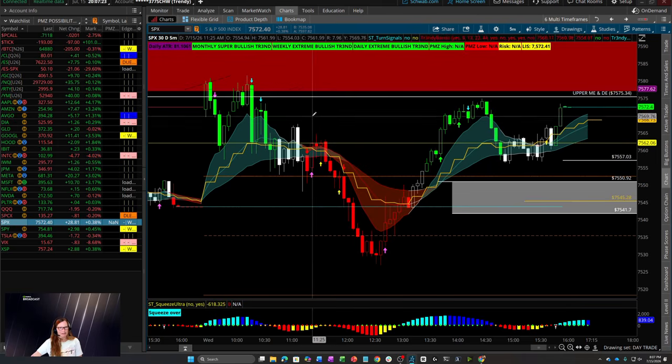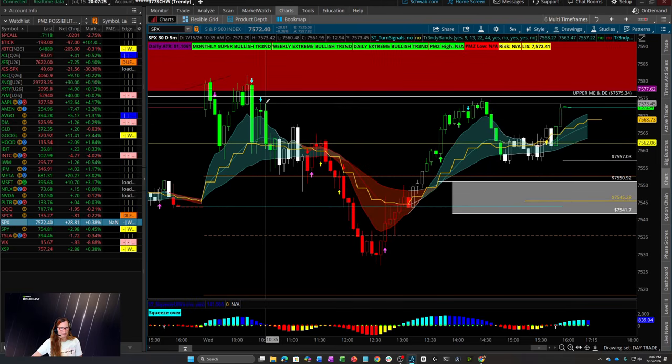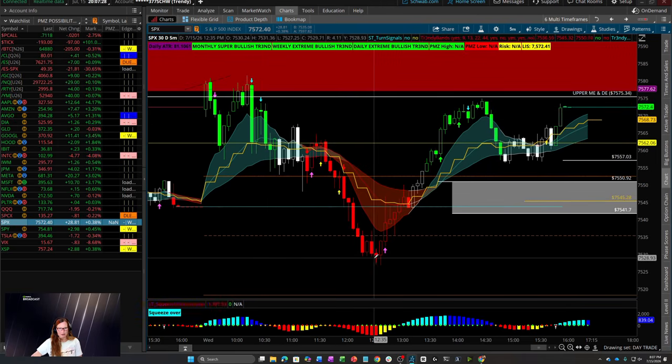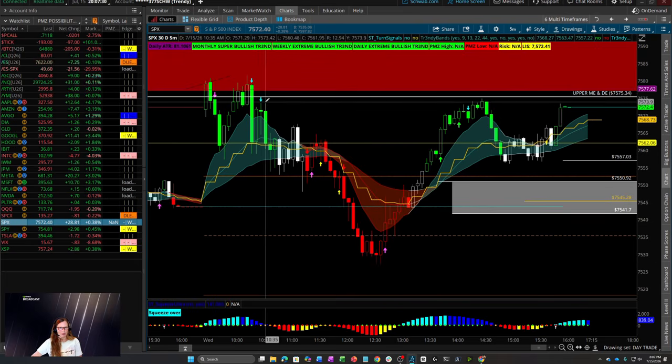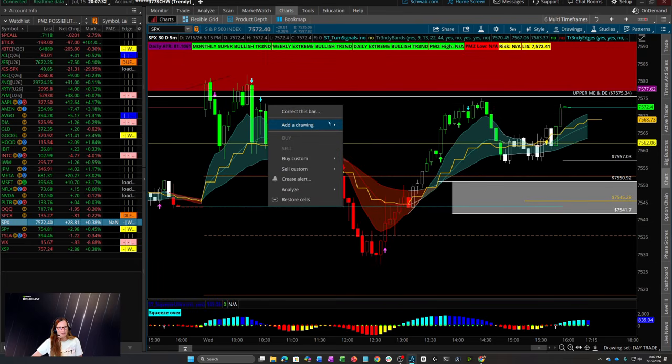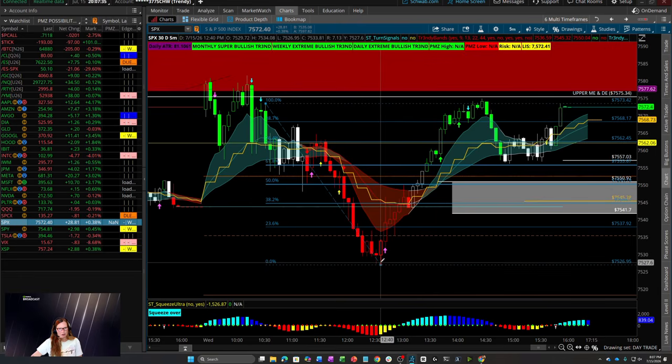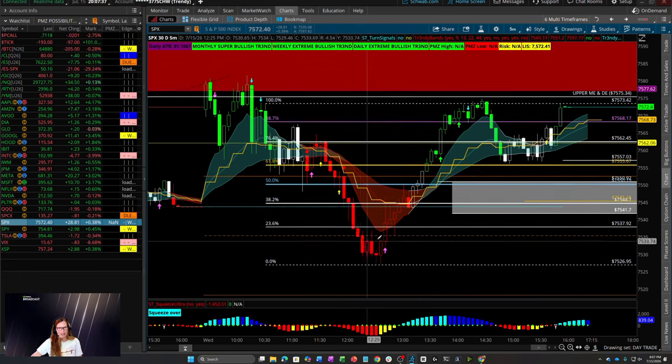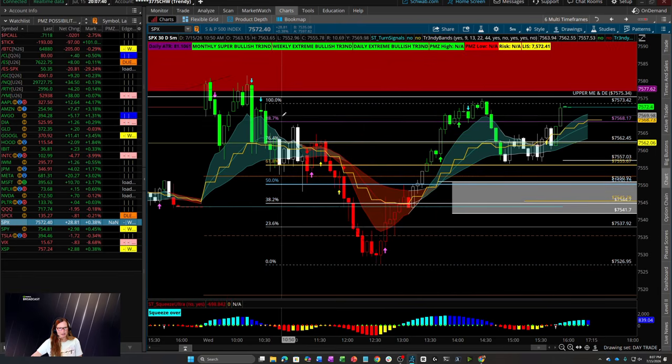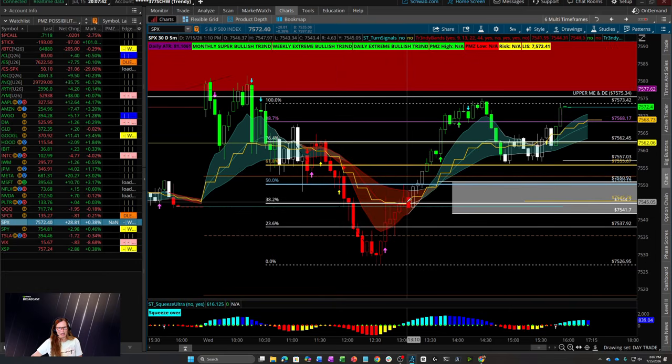Okay. Let's say that you're in the trade from here and you catch this big move right here. You caught the move and you're in a runner type position. I want to stay in as long as the 38.2 holds as resistance and I get out on the candle that closes above the 38.2.